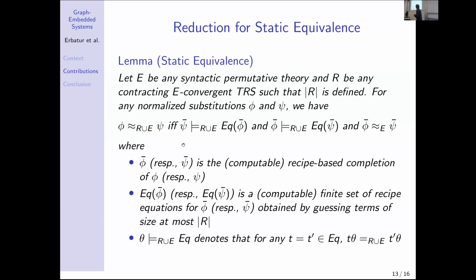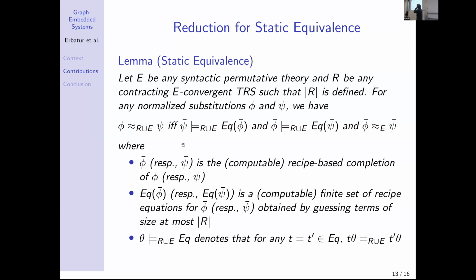These new substitutions allow us to get the reduction. In particular, for this static equivalence problem, we also need to check some recipe equality candidates.